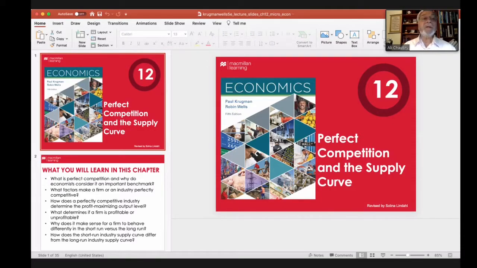As I mentioned, we are going to go over chapter 12 today, perfect competition and the supply curve. And I have released the practice test with questions from chapters 3, 6, 9, and 10.